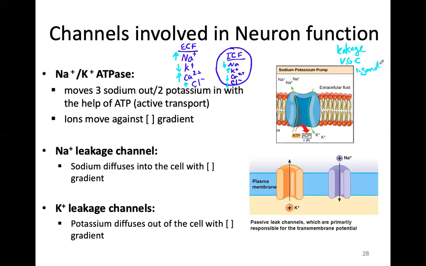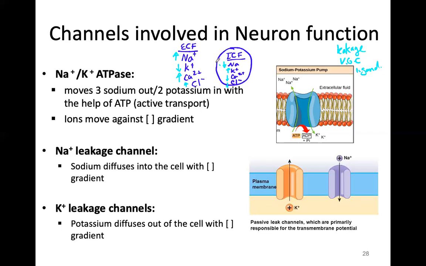On the other hand, we have your sodium potassium ATPase, which are going to move ions against their concentration gradient. So if you look at this scenario, sodium is high outside and sodium is low inside. But what is this channel going to do? It is going to take 3 sodium from inside the cell and push it outside.